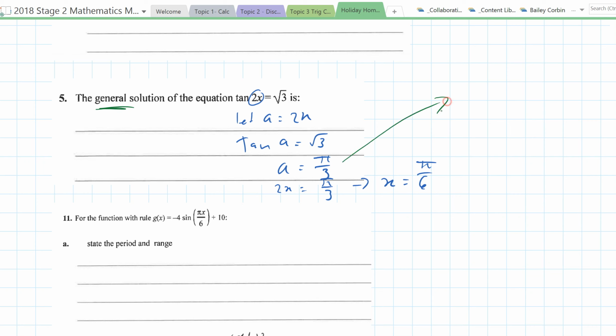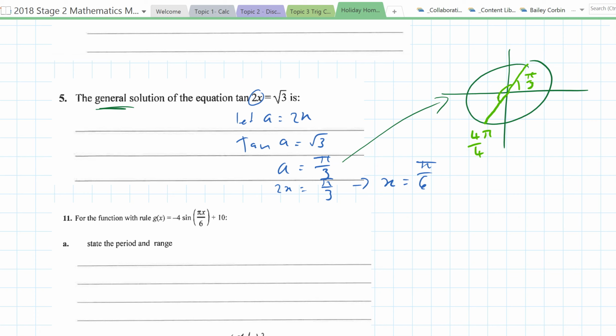Let's look at what is happening here in terms of a. In terms of a, what's happening is our first solution happens at pi on 3, just about there. And that means our second solution is out here. So if tan, the other solution is always directly opposite, which will be 4 pi on 3, because we've just added a pi on.